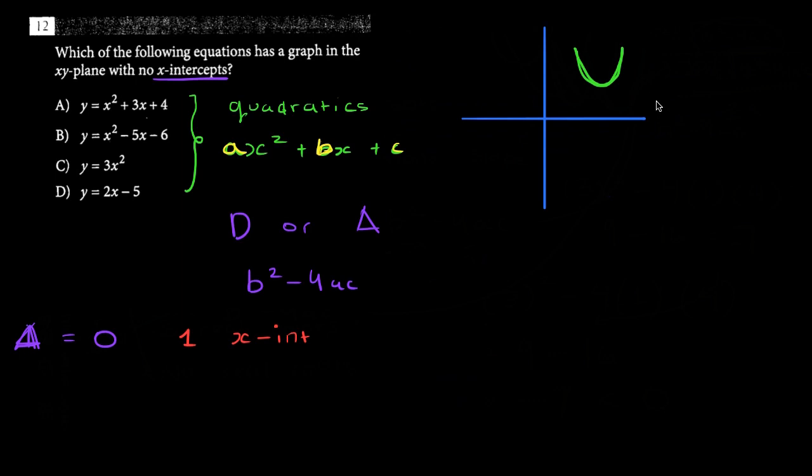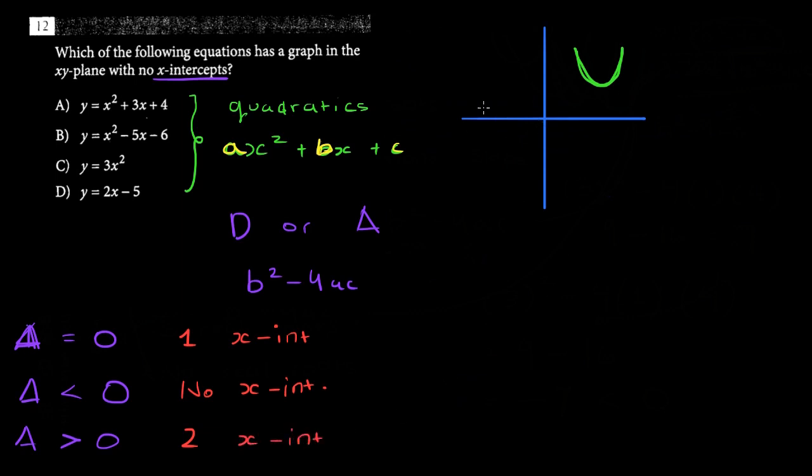Okay, if the discriminant is less than 0, then there are going to be no x-intercepts. And so it's going to look something like that. And if the discriminant is greater than 0, then there's going to be 2 x-intercepts.